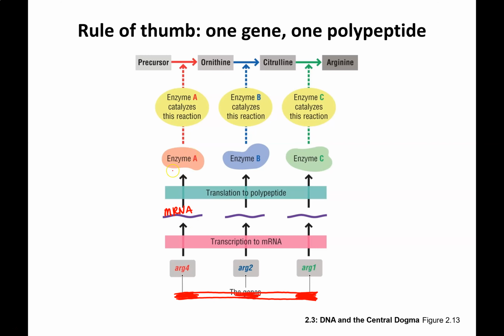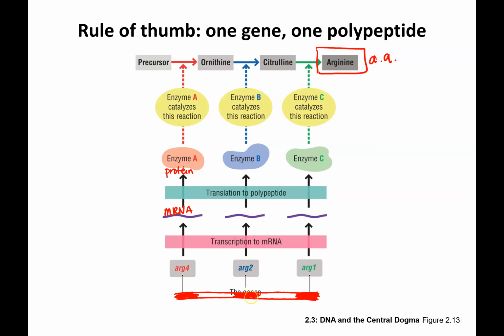Now remember, an enzyme is a protein that catalyzes a metabolic reaction. That enzyme is produced, and that enzyme acts on part of the pathway for the production of arginine. The second gene, ARG2, produces an enzyme that is used later in that step. Again, we have our gene to messenger RNA to protein. And then finally, we have a third gene, ARG1, that is involved in producing an enzyme that catalyzes a third reaction before we get to the production of that amino acid.